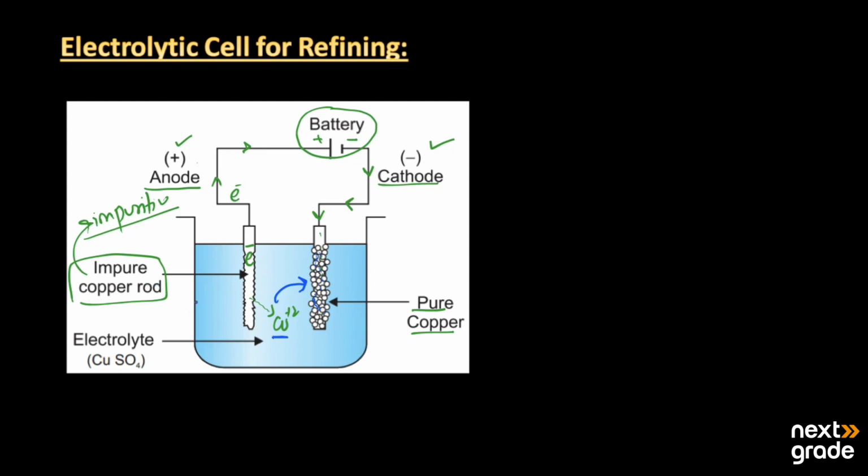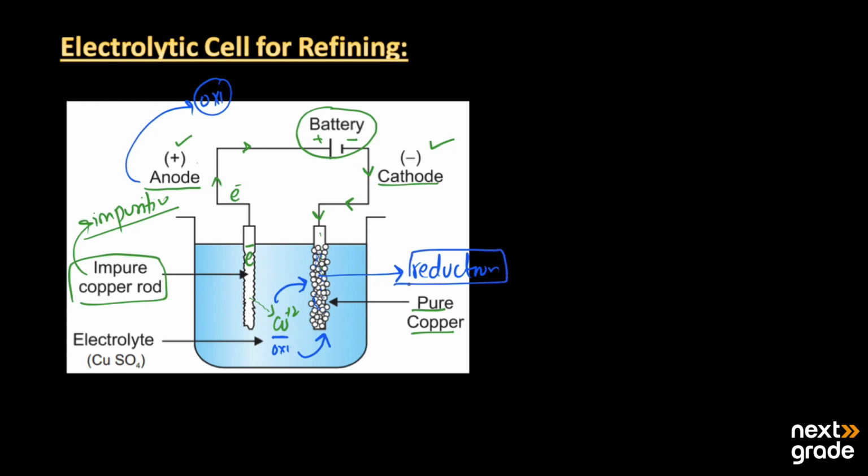In this way, all the impure copper comes into the solution by the process of oxidation that takes place at the anode, and goes towards the pure copper electrode where it gains the electrons and undergoes the process of reduction.